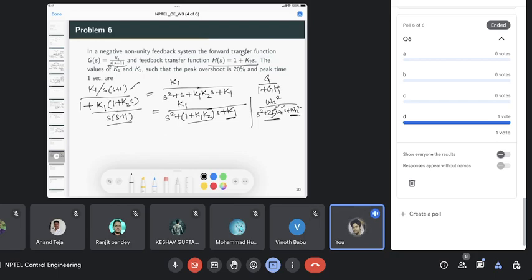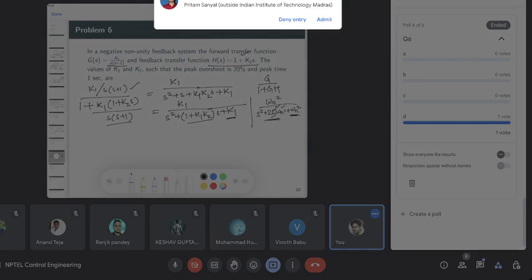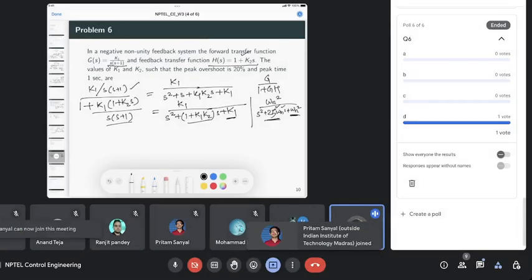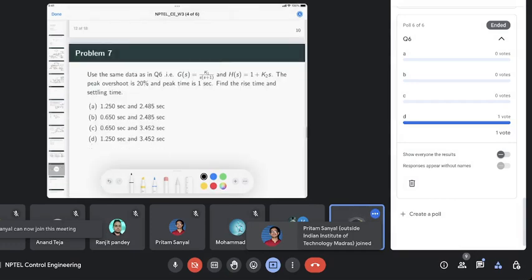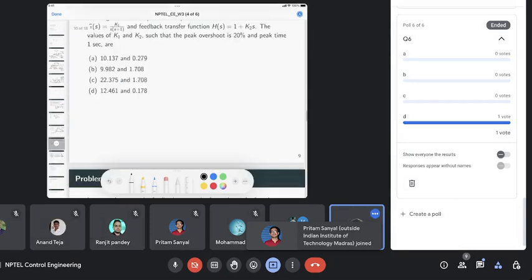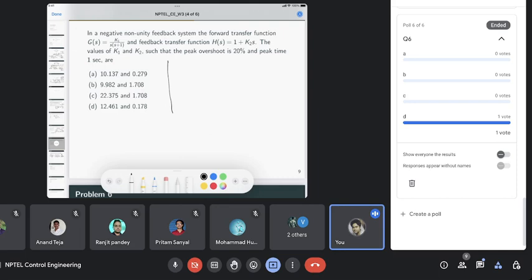So first we can compute them with the given data. We have the peak overshoot and you are given the peak time. For that, first we write the peak overshoot formula. The overshoot is a fraction, given by e to the power of minus pi zeta by square root of 1 minus zeta square.